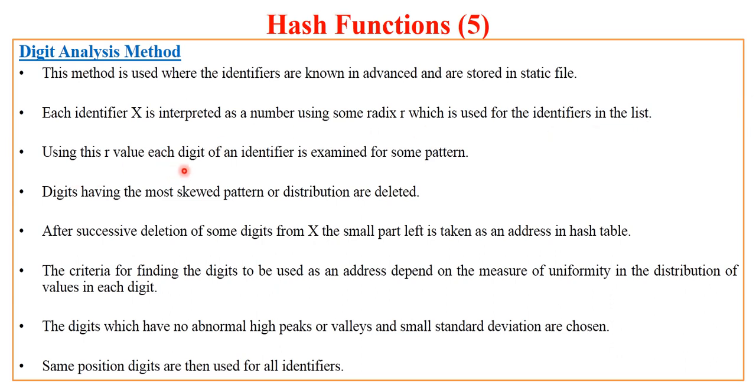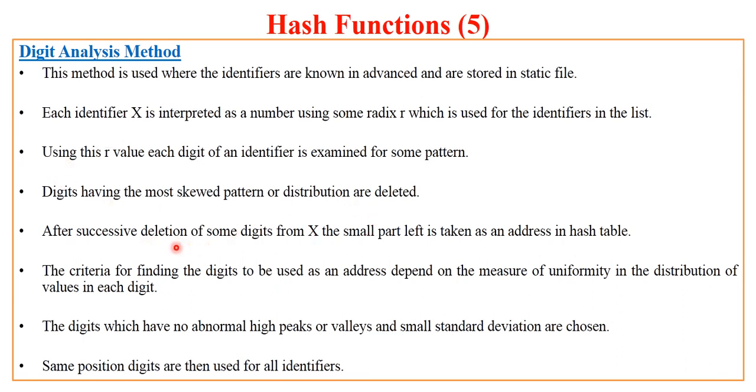Now using the R value, each digit of the identifier is examined for some pattern. We'll see that in the next slide. And if it finds a skewed pattern or the distribution is not proper, then those digits are deleted.